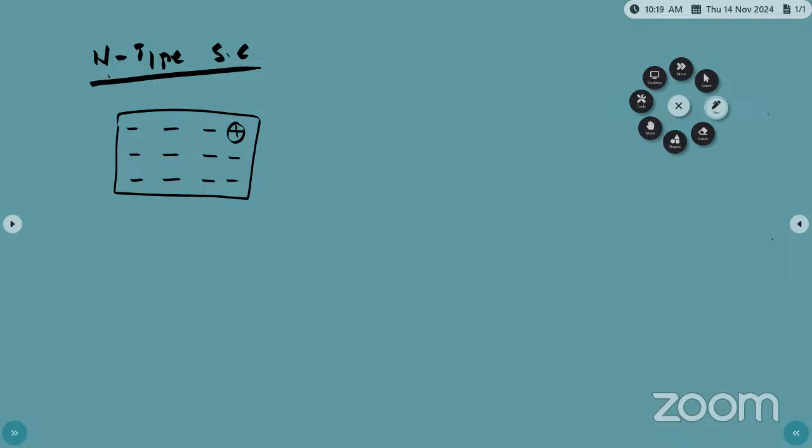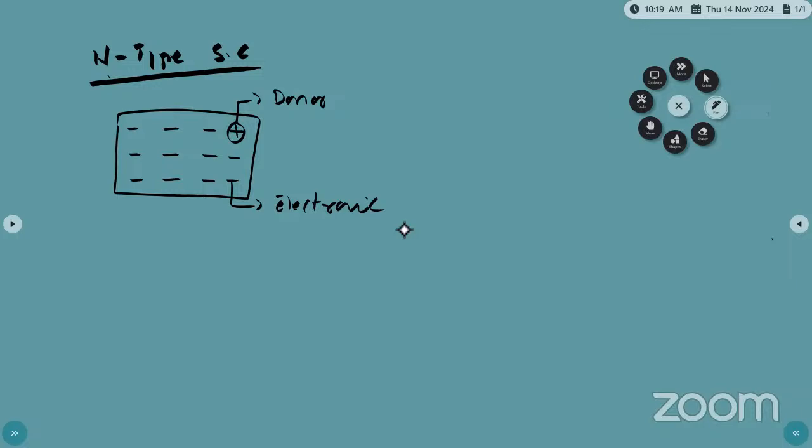So this is called the donor ion, and this one is the electron.